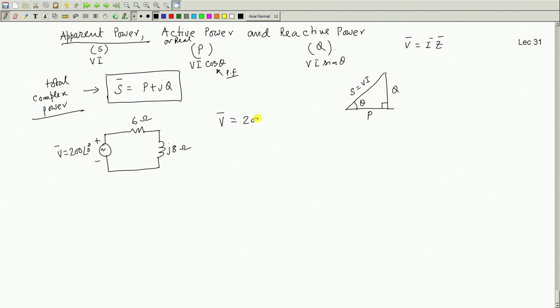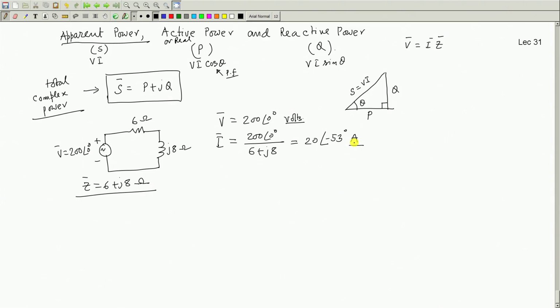The supply voltage is 200 angle 0 degree, and I bar we got to be 200 angle 0 degree divided by the impedance 6 plus j 8, and it came out to be 20 angle minus 53 degree, close to that. Do not forget to write the units: volts, and this is ampere. So I bar I get.